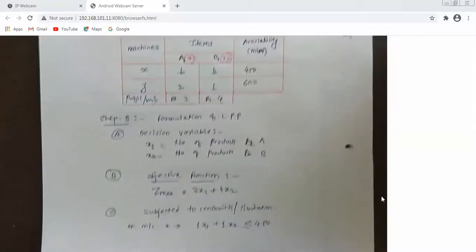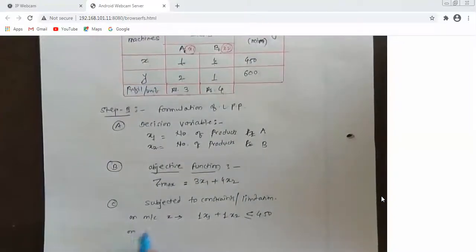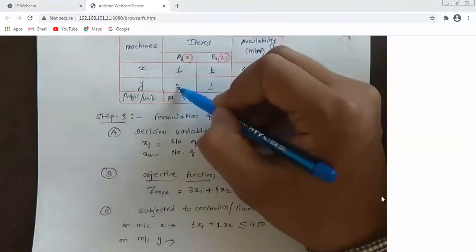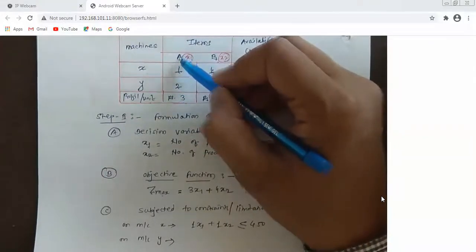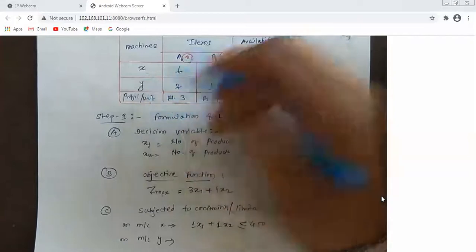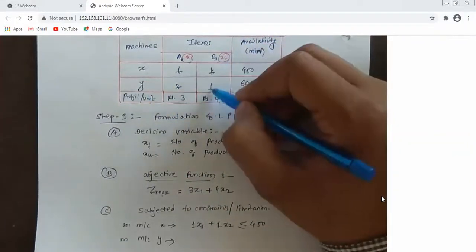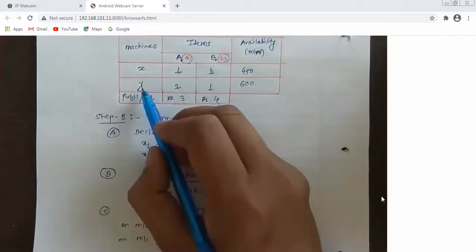Okay. Now on machine Y, what is the constraint they have given? See, for producing 1 unit of A, we require 2 minutes on machine Y. Similarly, for producing 1 unit of B, we require 1 minute on machine Y. Got it?